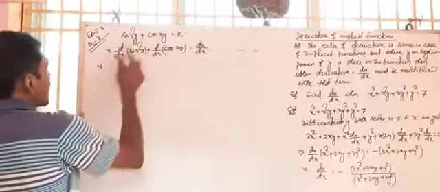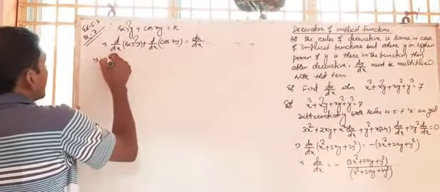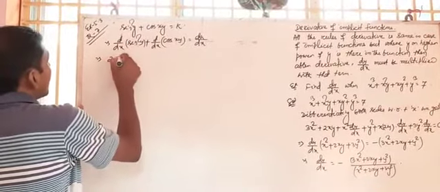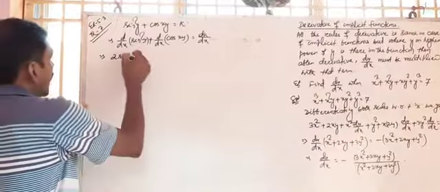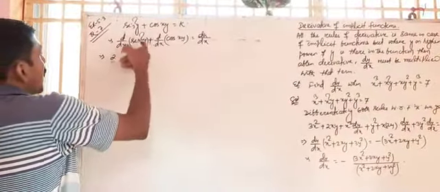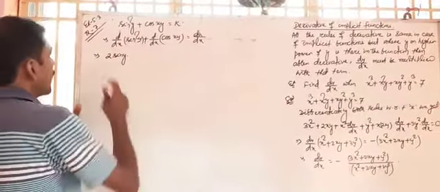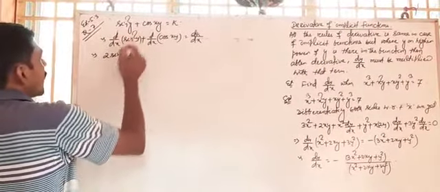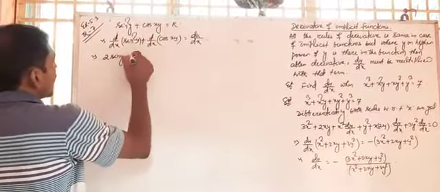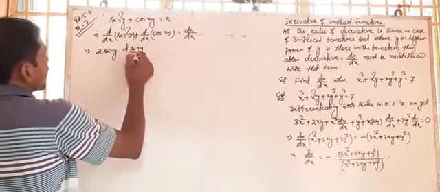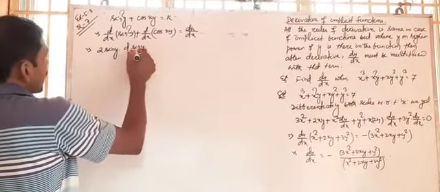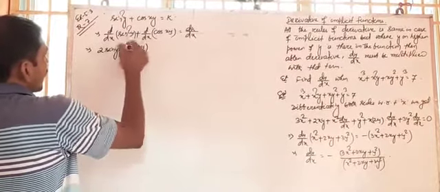So the derivative of sin square y will be 2 sin y into the derivative of sin y with respect to x.